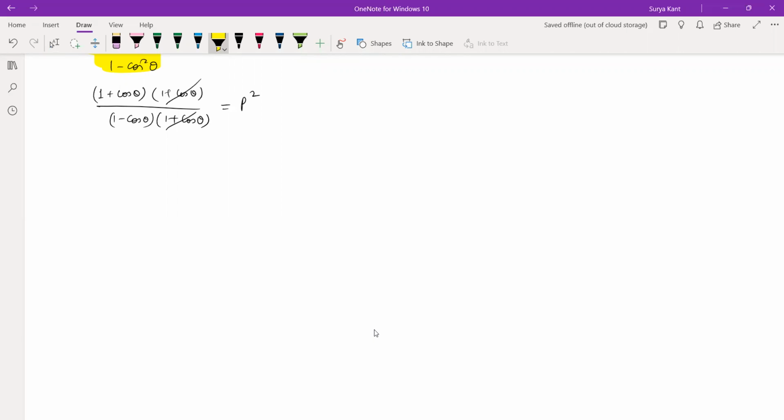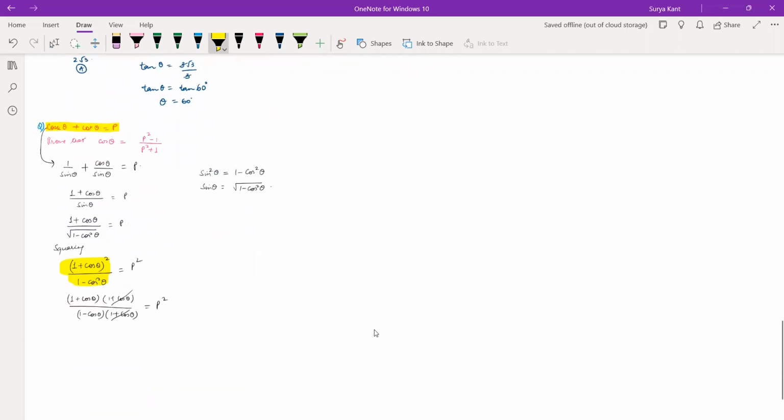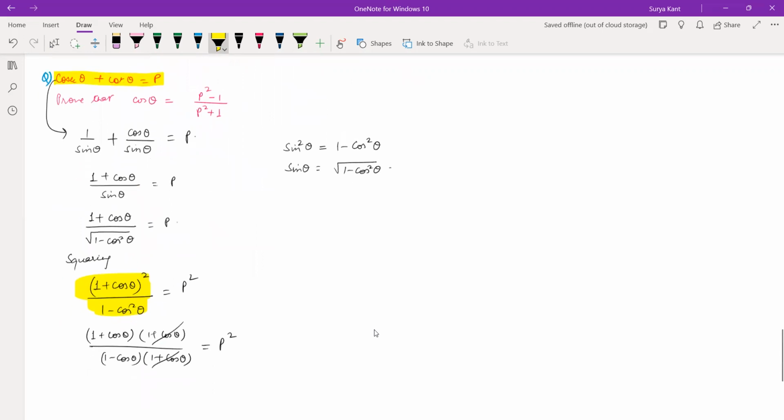We can substitute the value of P square in the proven equation, in the above equation. Yes, sir. Okay, this P square is 1 plus cos theta by 1 minus cos theta. We can put it in this part, right? Okay, we'll just try now.